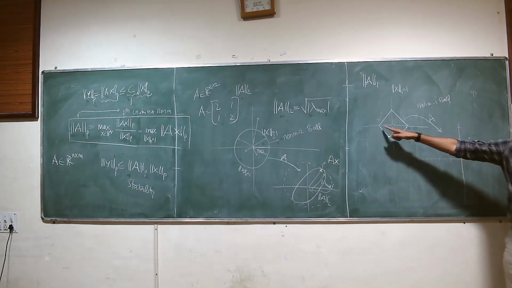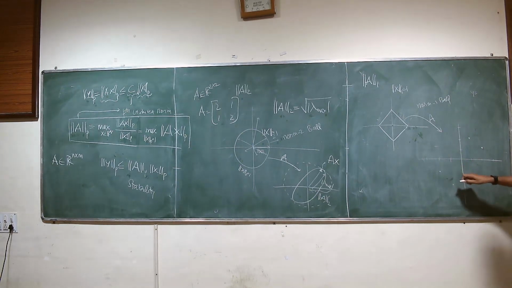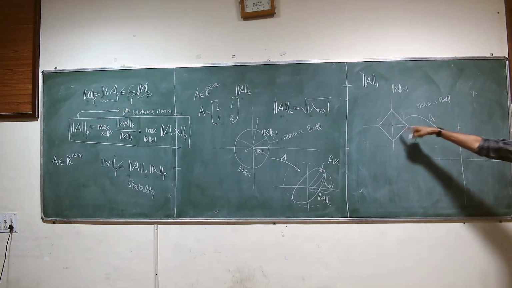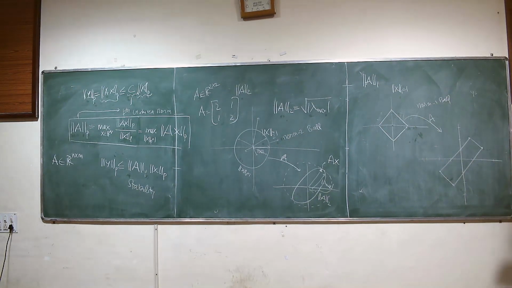And then this one, minus 2, minus 1. And this will be minus 1, minus 2. Right, that's this. So it gets mapped to something like this.